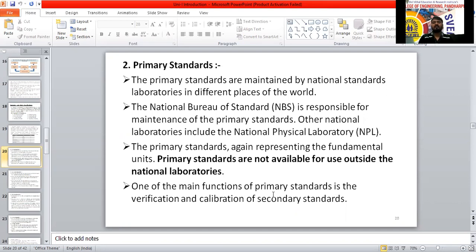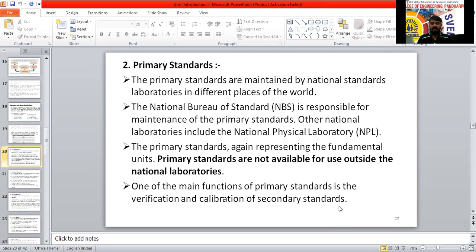One of the main functions of a primary standard is the verification and calibration of the secondary standards. Secondary standards can get the data, or check their instruments, using the national standards. Now, I said we measure in rupees. How much money to print in India is a national standard.